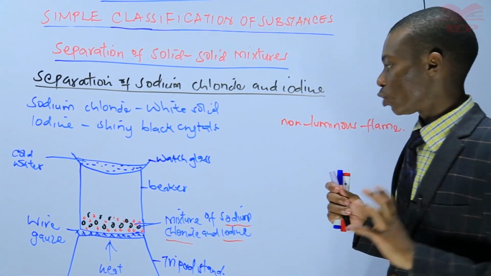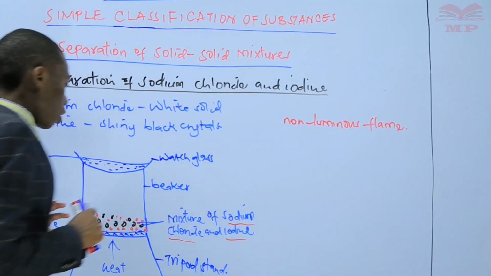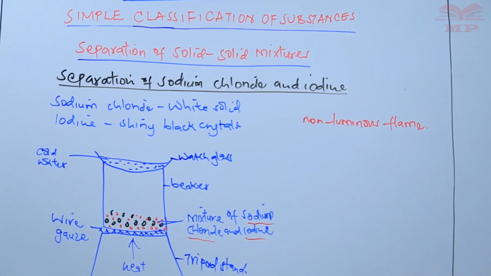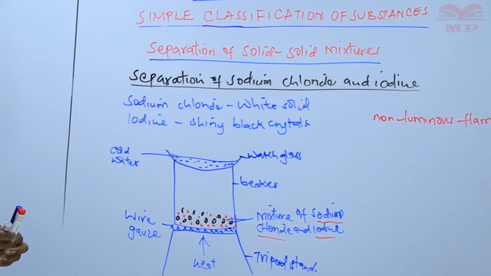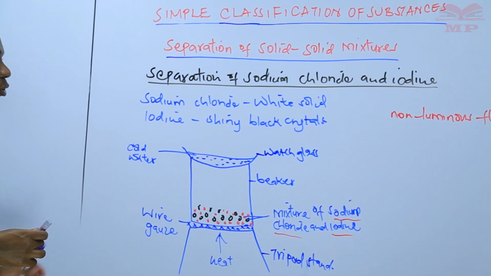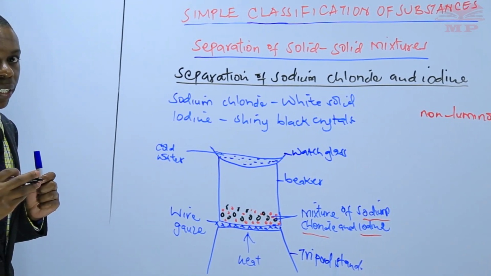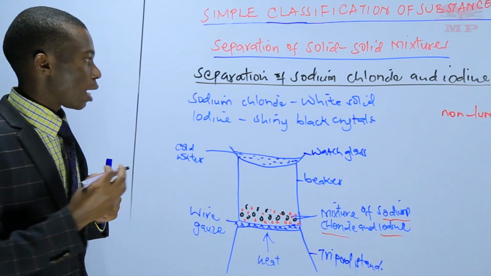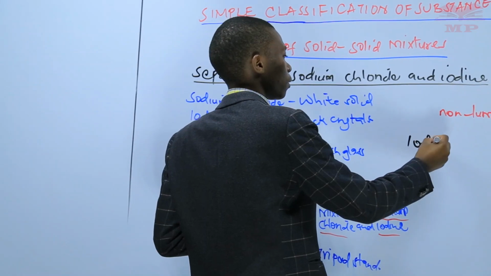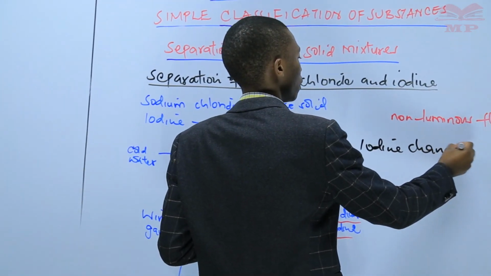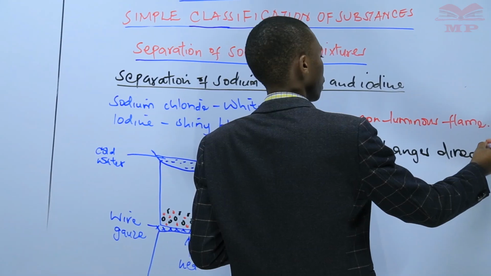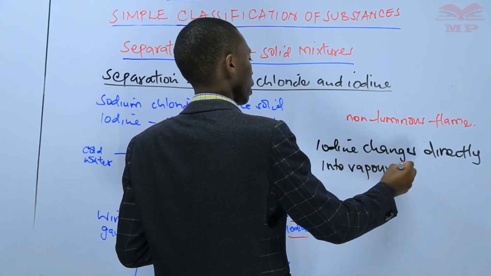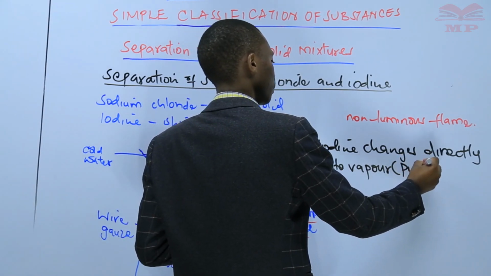Therefore, what we expect to happen is, when you heat a mixture of sodium chloride and iodine, iodine is going to turn into a gas. Iodine changes directly into vapor, and this vapor is purple in color.